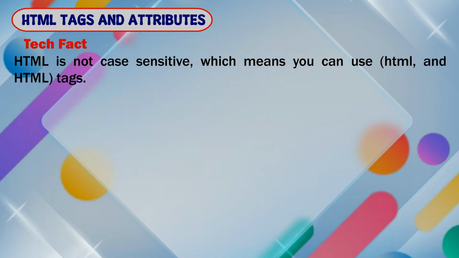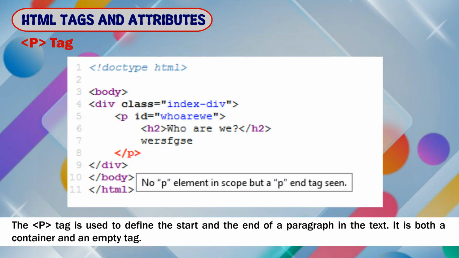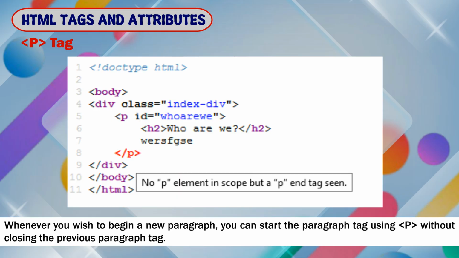Tech fact. HTML is not case sensitive, which means you can use either uppercase or lowercase HTML tags. P tag. The P tag is used to define the start and the end of a paragraph in the text. It is both a container and an empty tag.